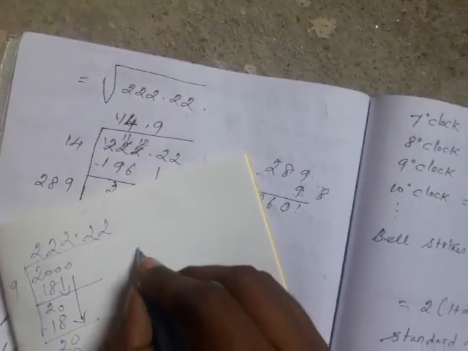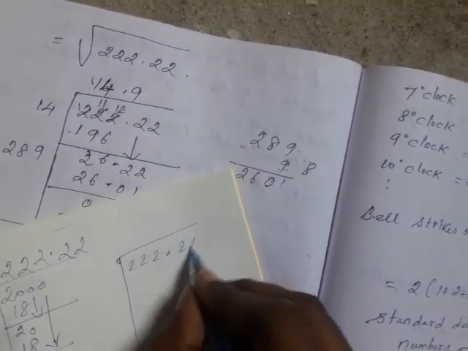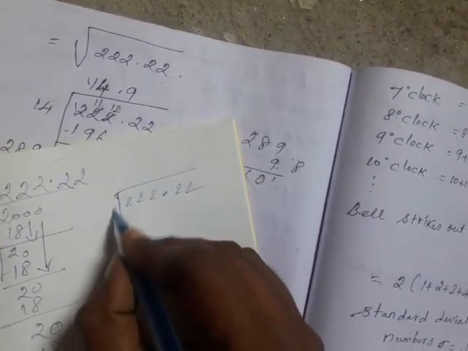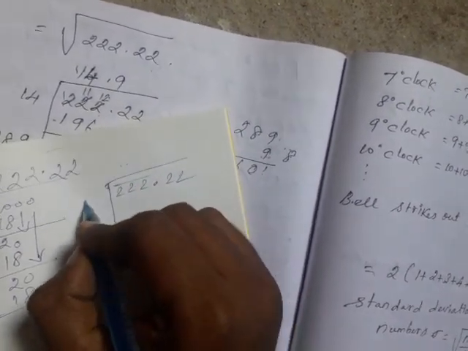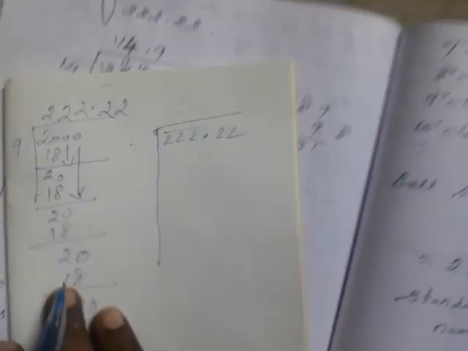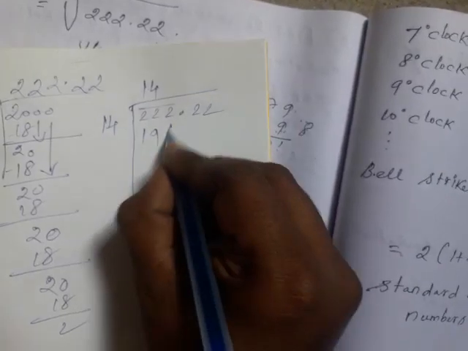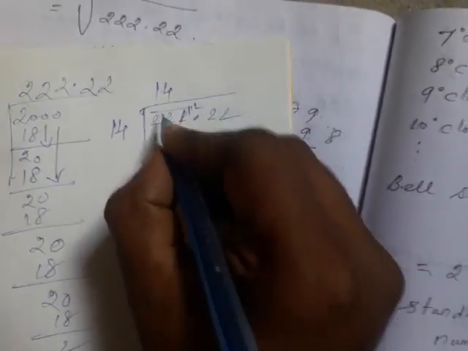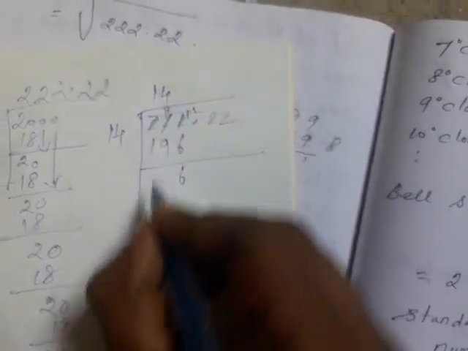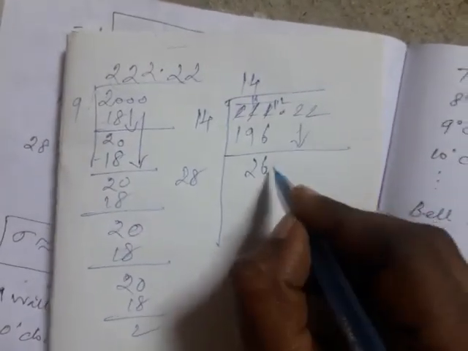Take 15, 15 15s are 225, which is too large, so before that, 14 14s are 196. Subtract it: 12 minus 6 is 6, borrow 1, 11 minus 9 is 2. Now double it, 28 will come. Next drop down 2 digits.